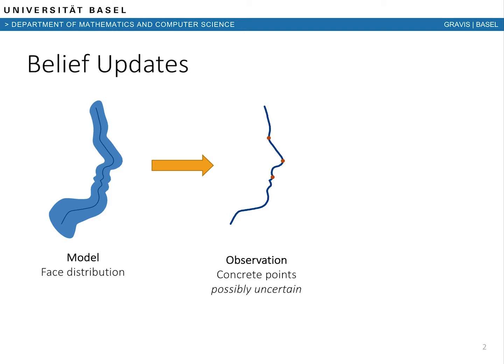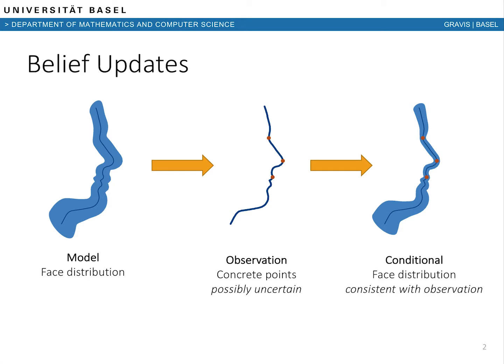Now, given the model and the observation, we want to derive a conditional model which is always consistent with our observation but still depicts our face distribution, which are all faces which are consistent with the observations themselves. And you can see we still have variability while we match all the points.